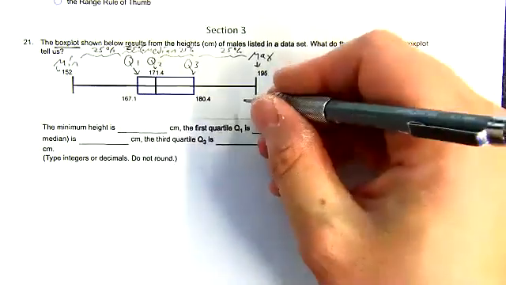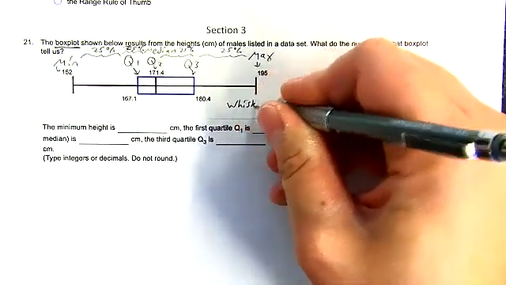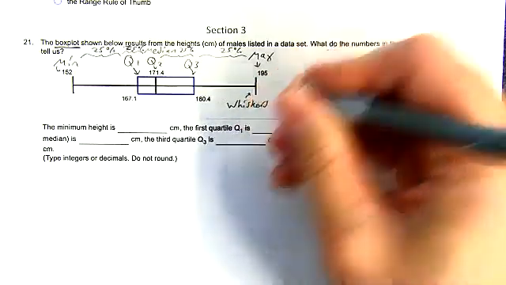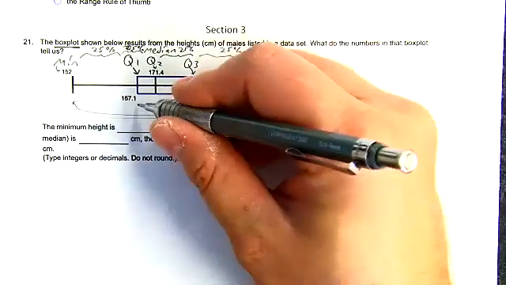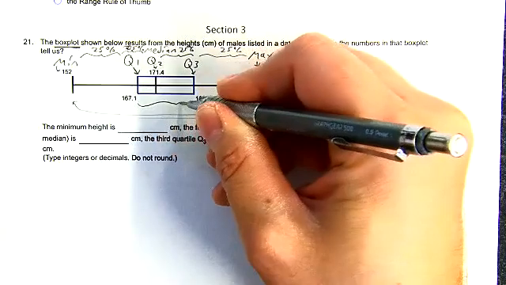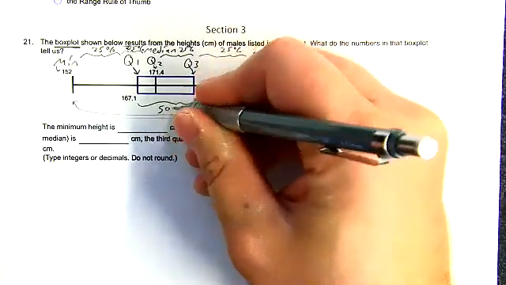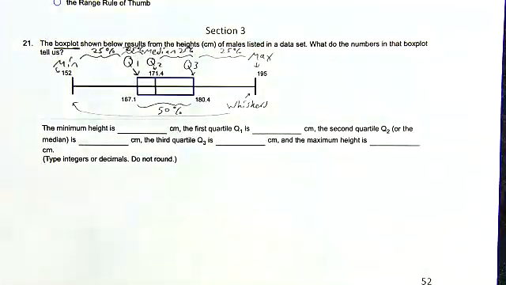And these are called whiskers. And then this box, if you look at it, it also represents 50% of the data. So 50% of your data will fall between quartile 1 and quartile 3.